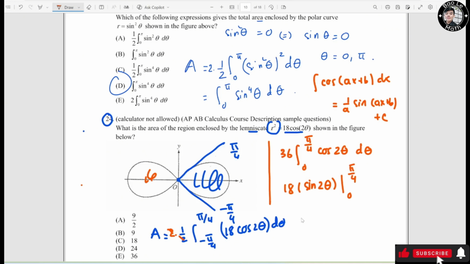So it's 18 times sine. Substitute pi over 4 here, it's pi over 2. Substitute 0 here, it's sine of 0. So the answer is 18. The answer must be C.